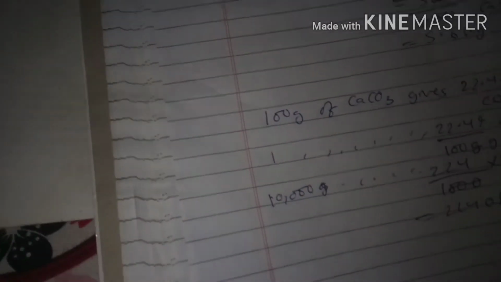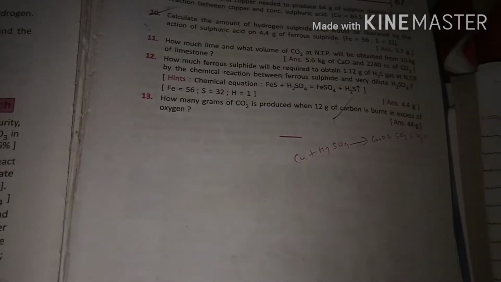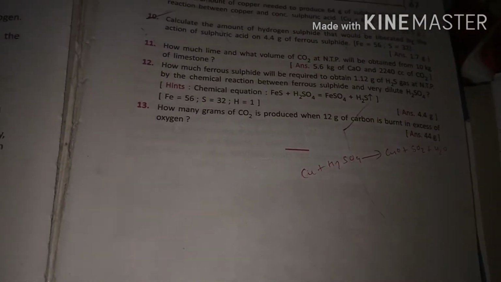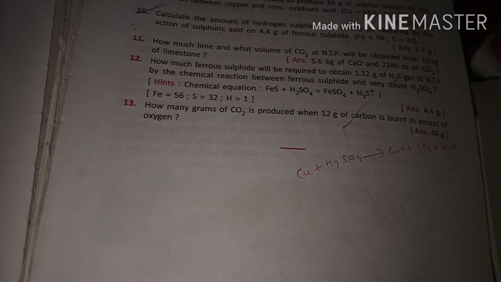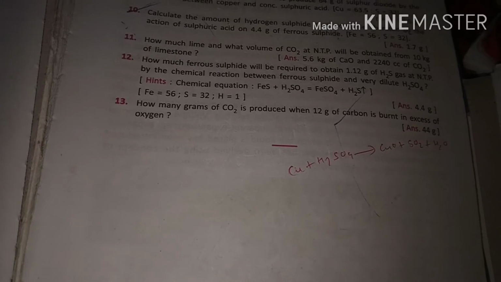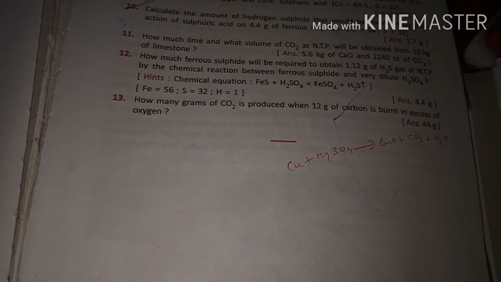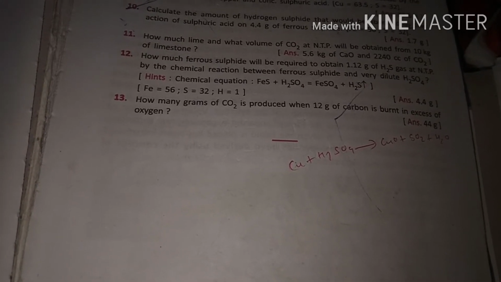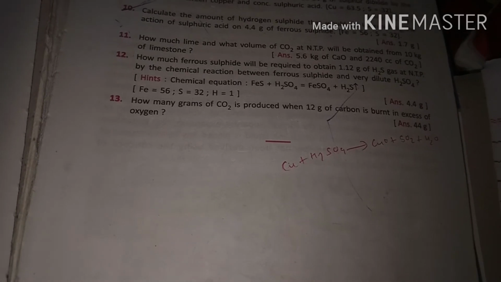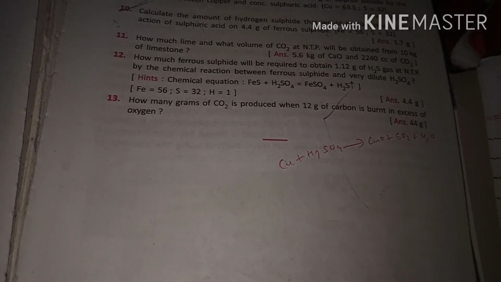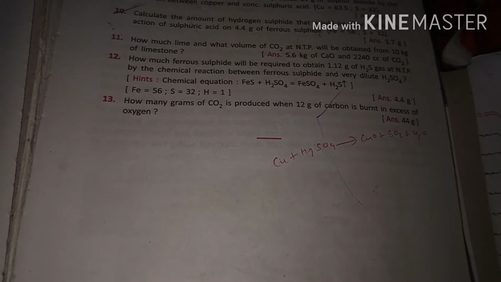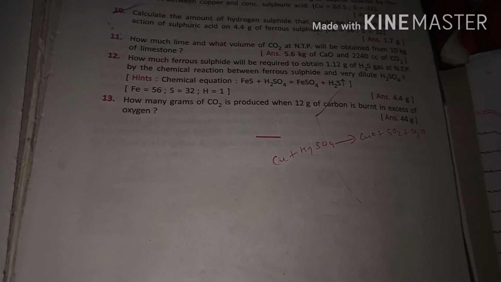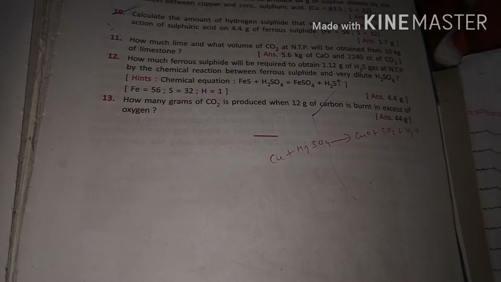Now we will do question number 12. Let's start question number 12. So what is the question? How much ferrous sulfide will be required to obtain 1.12 gram of H2S gas at NTP by the chemical reaction of ferrous sulfide? You have to find how much ferrous sulfide will be required to obtain 1.12 gram of H2S.